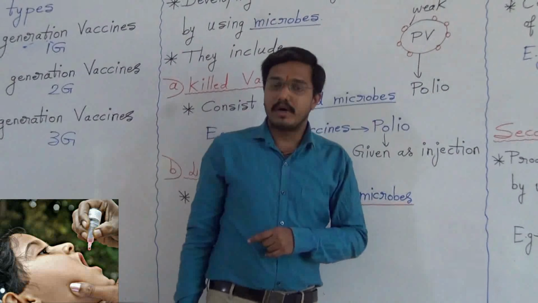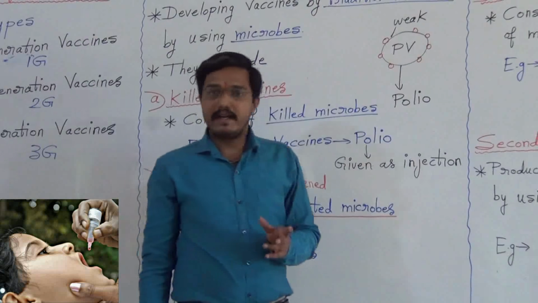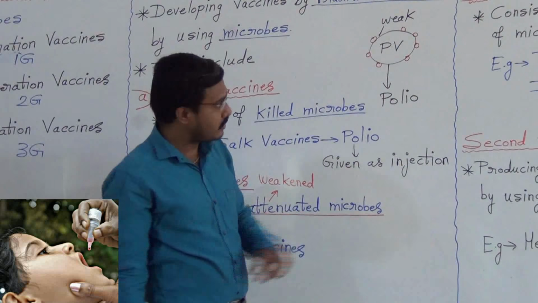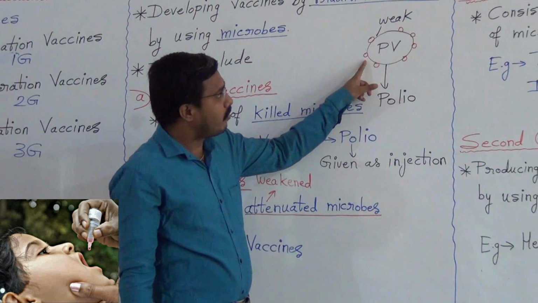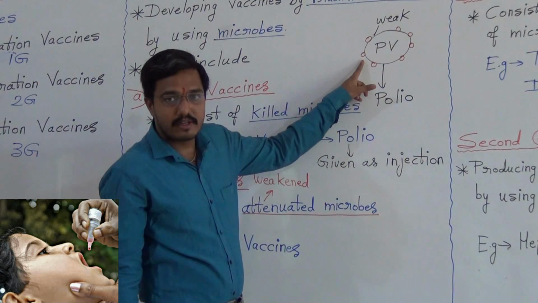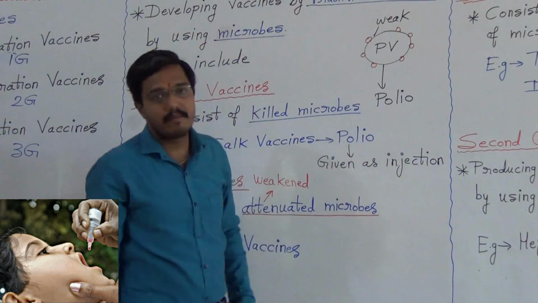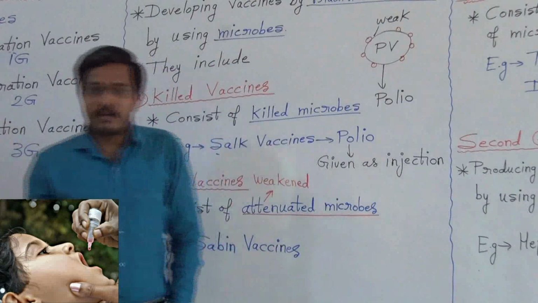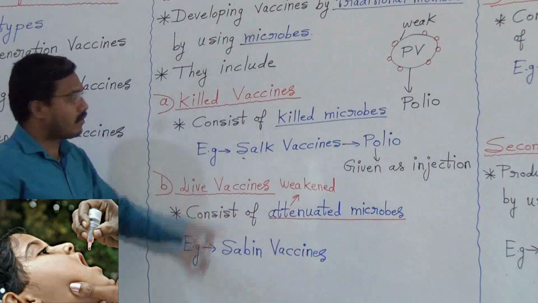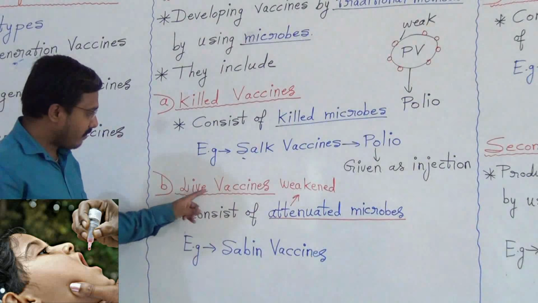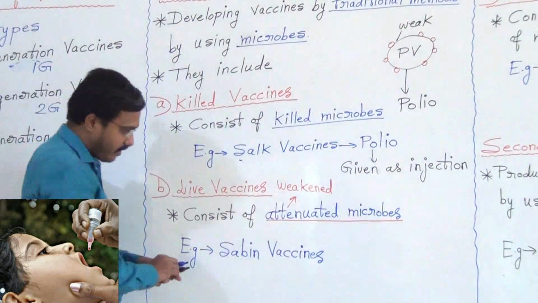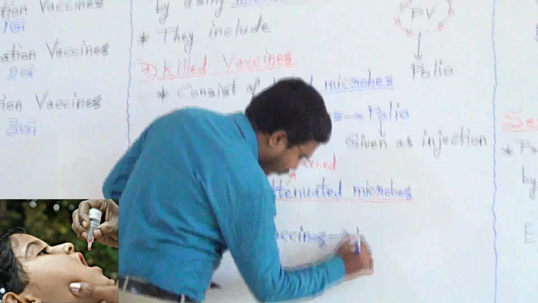But here also one very important care is required while weakening the polio virus: it should not cause polio. The pathogenicity of the polio virus should be removed. Only then can it be used as a vaccine. So weakening is live vaccines, whereas killing is killed vaccines. Therefore, the example for live vaccines is the Sabin vaccine. Already I told you this. This is also a polio vaccine.